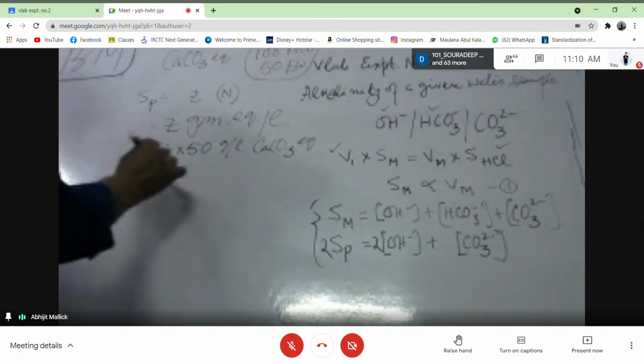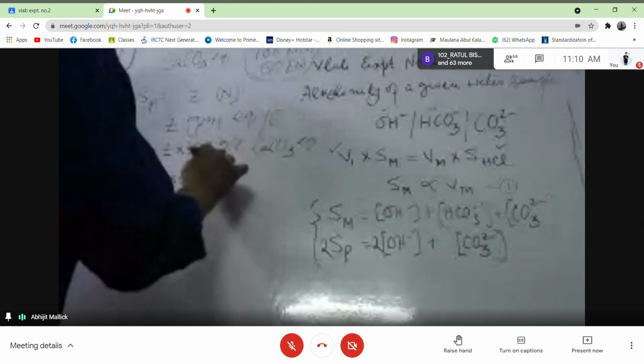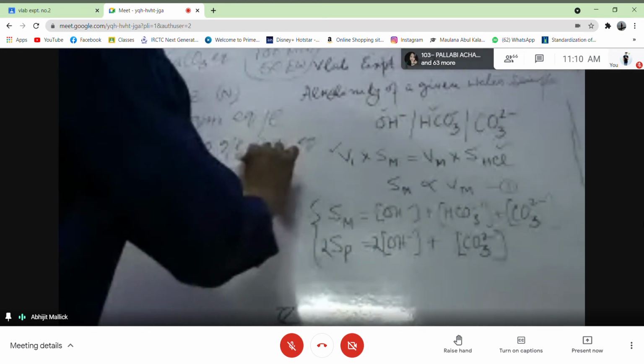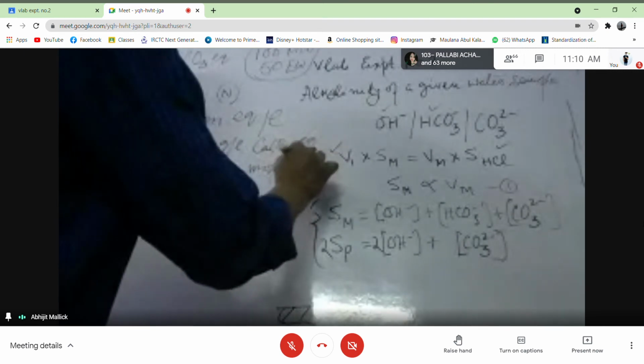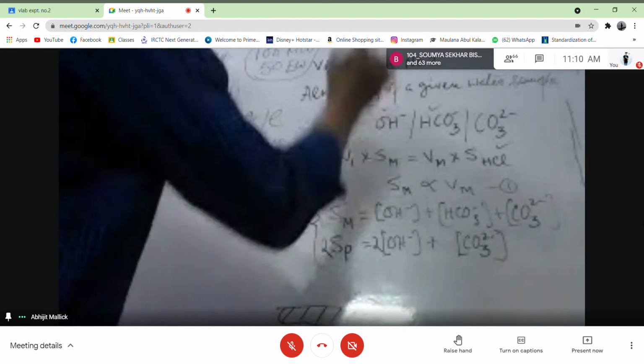Then it is converted to milligram per liter, further multiplied by 1000, so milligram per liter, and beside it as usual write CaCO3 equivalent.